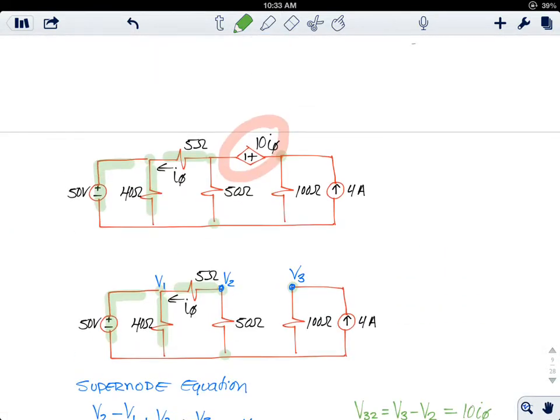And this is because it's a current dependent voltage source.